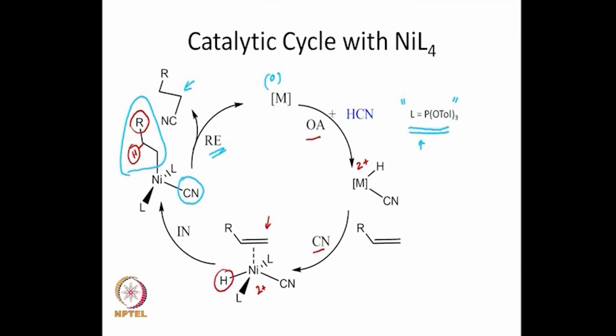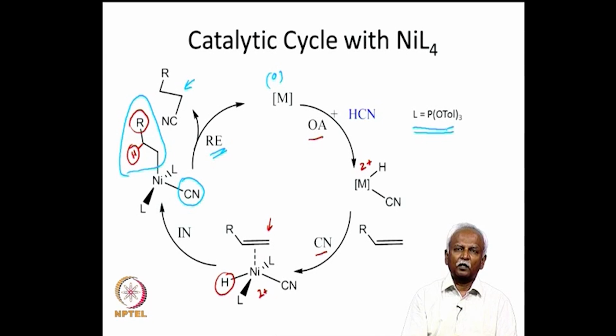So, the interesting fact is that the regioselectivity in the reaction is very much dependent on the ligand that you use. If you use a very bulky ligand, the regioselectivity is very good, and you get only one product, and that product has the R group away from the cyanide.